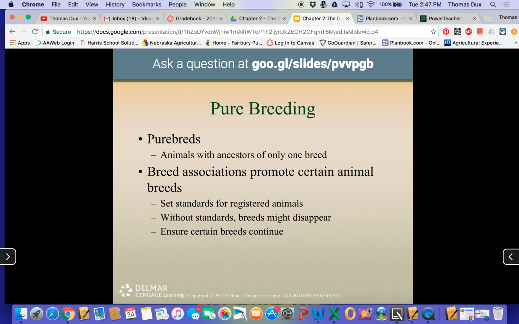Now, within these purebreds, there are associations. It says animals whose ancestors are of only one breed are referred to as purebreds. Breed associations have been developed to promote certain breeds of animals. These associations usually set the standard for animals that are allowed to be registered as a purebred animal of that particular breed. If breed associations did not set standards for their animals, the breed might disappear within a few years because of crossing.